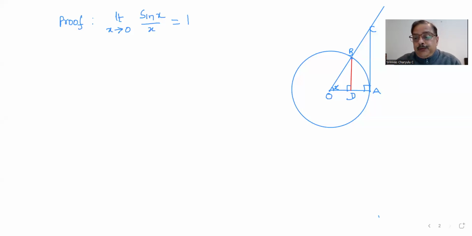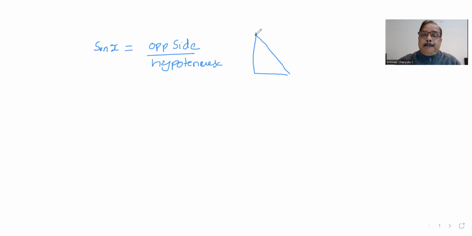Before going to the derivation, this derivation requires some important geometrical formulae, or concepts. One is, from a right angle triangle, sin x or sin theta is opposite side by hypotenuse. This formula we should know. For example, this is a right angle triangle.